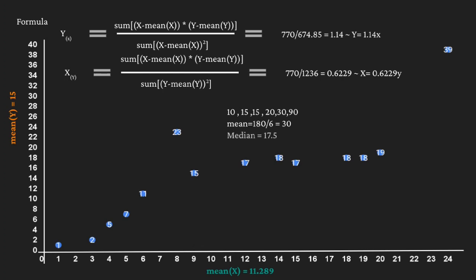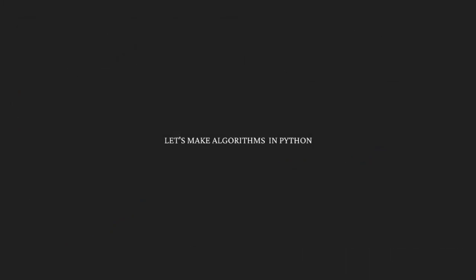Or you can take a median, but of course you cannot replace the mean with the median here. So you can replace the outlier 90 with the median, or the best way is just to remove them. Or you can train one model with the outlier and one without the outlier, compare them and see which one is better. All right. So now let's make the algorithms in Python.